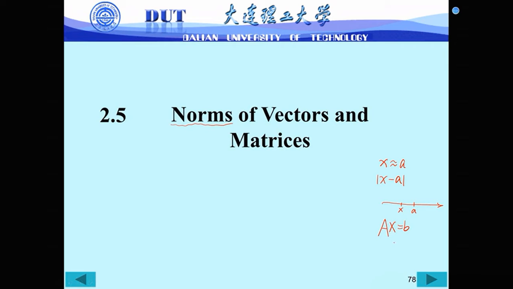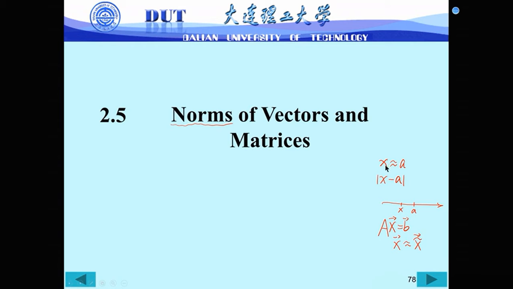Of course, usually we cannot obtain the exact vector. Now I use an arrow to represent a vector, right? That means we can also obtain an error vector. So the problem is, how do we estimate the error between two vectors?